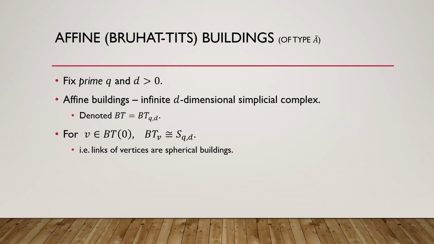So a link of a vertex here is not only finite, it's very familiar, it's these spherical buildings. As an infinite simplicial complex, we don't really know how to define high dimensional expansion on it because we don't have a finite base graph to it, but at least all the links are high dimensional expanders. So maybe almost a high dimensional expander for us.